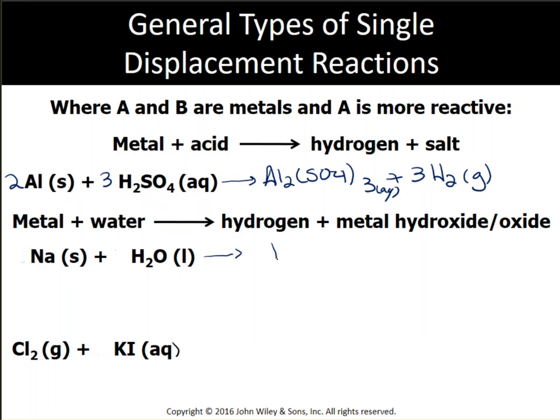And from this reaction, you would expect to get hydrogen gas, and sodium would form sodium hydroxide. So if you look at the solubility of hydroxide, this sodium hydroxide is going to be soluble. And to balance the reaction, we're going to need 2 and 2 and 2 of sodium hydroxide.